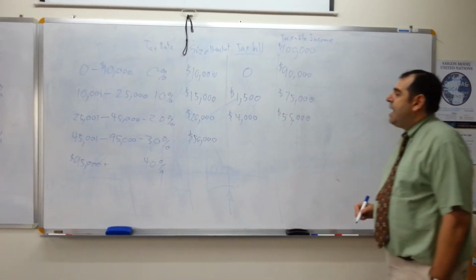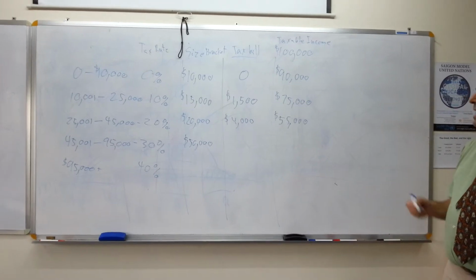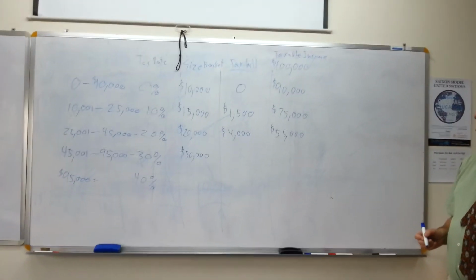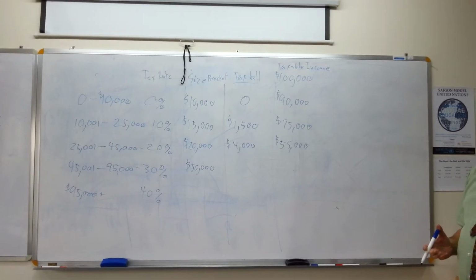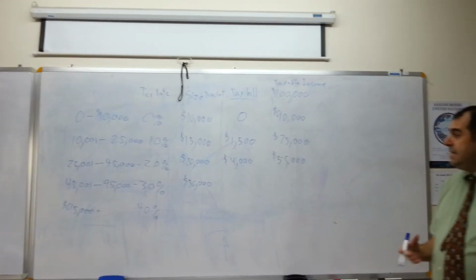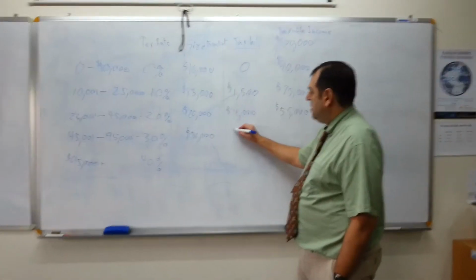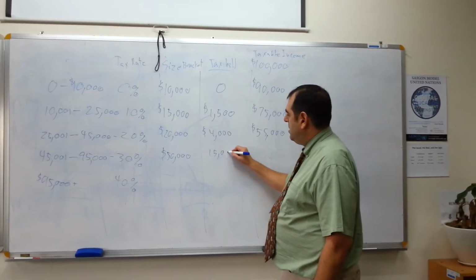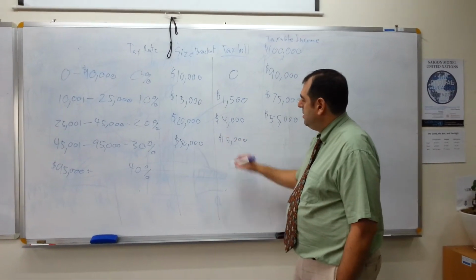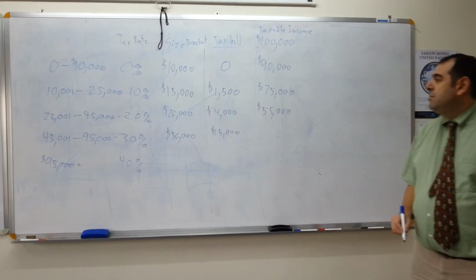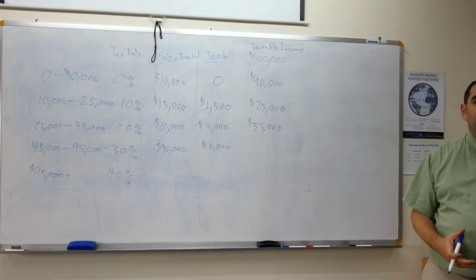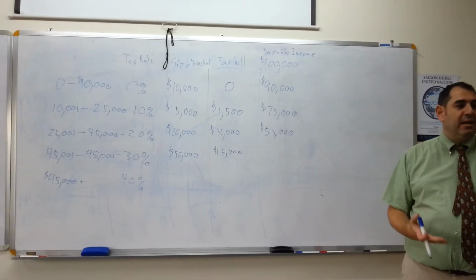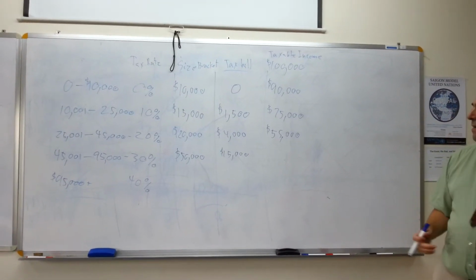Again, it's just the same thing, times 30%. So what's the tax bill going to be? $15,000. Okay. So now we had 55,000. We just taxed $50,000. So how much taxable income is left? $5,000.